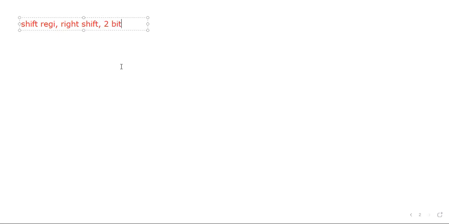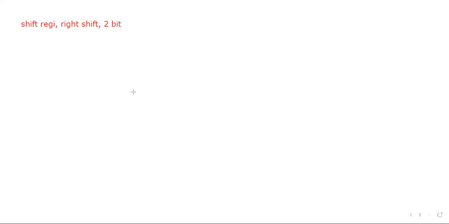Whenever you find a question, or whenever you start the third question, you have to look at the question twice, whether it is asked for a register or a counter. First look at the register or counter term, then look whether it is a shift register or a store register, and how many bits for that register. So this is a register, it is a shift register, and it has 2 bits.